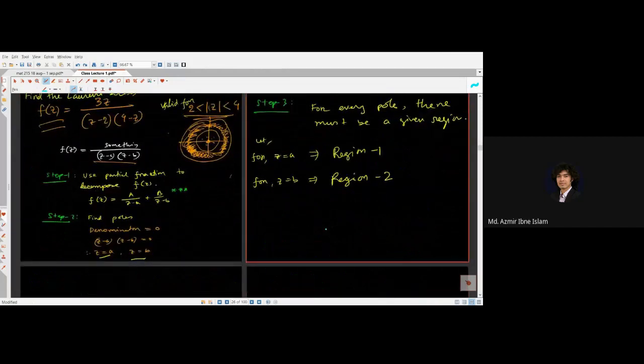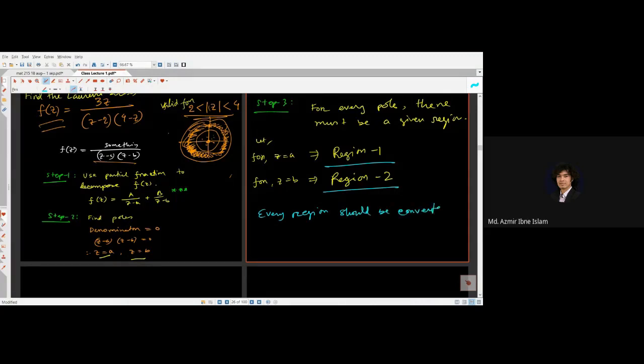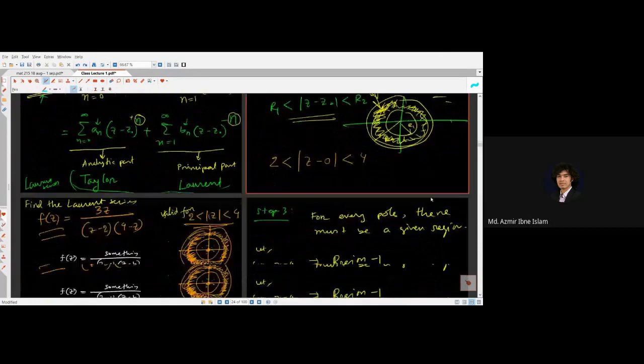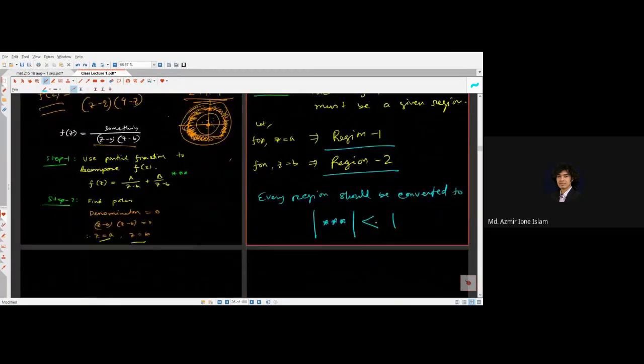So try to understand, every region that we have, region 1, region 2, should be converted to modulus of something less than 1. Make sure that you have 1 on the right side, then only you can apply these formulas. Is that okay? You have to make sure that on the right side you have 1. Is that okay?